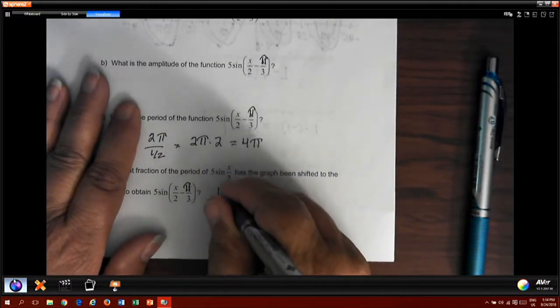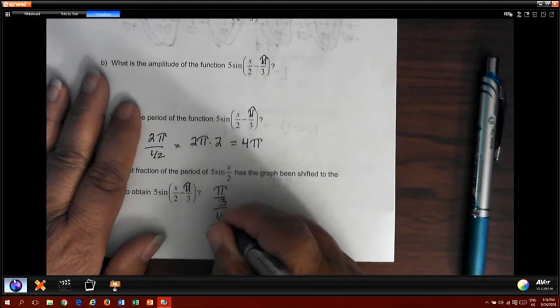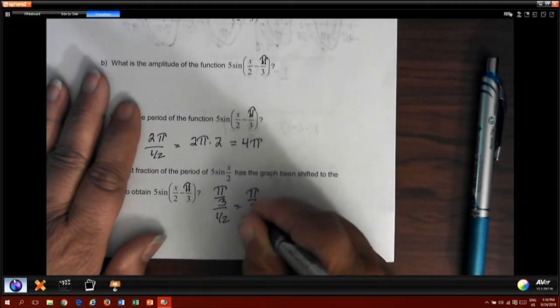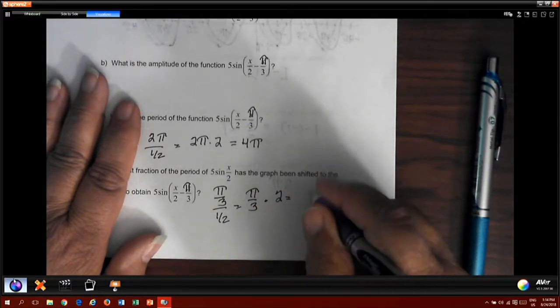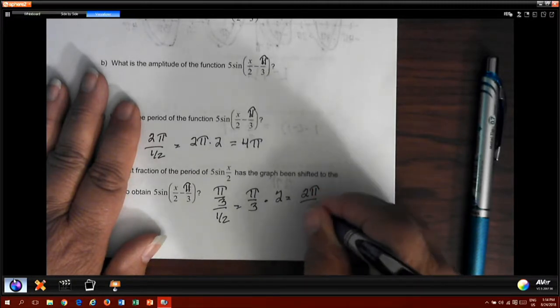So actually moving it a factor of pi over 3 divided by 1/2, which is pi over 3 times 2, which is 2 pi over 3.